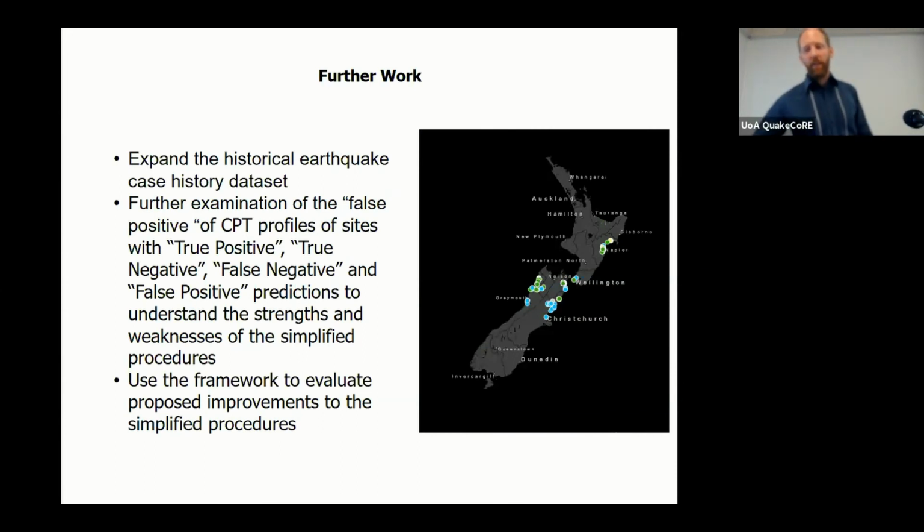As we expand to different areas where liquefaction did and didn't occur for different earthquakes in New Zealand, and then use some of the ground motion models from those specific earthquakes that the flagship 1 group within QuakeCoRE are developing, we can do the predictions and further comparisons to continue to identify the characteristics of true positive, true negative, false positive, and false negative sites.